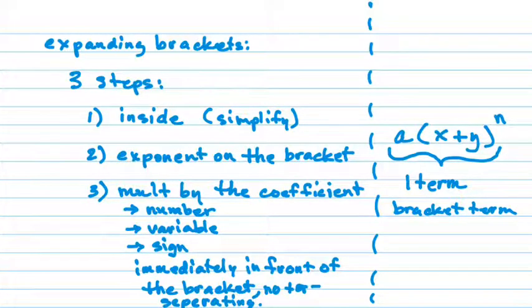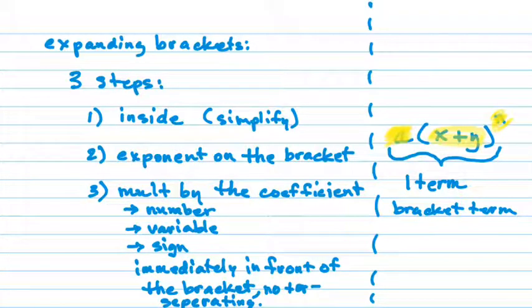If I say inside the bracket, what I mean is these pieces here, the x plus the y, because literally they're inside the bracket. If I say the exponent, what am I talking about here? The n. And finally, if I'm talking about the coefficient, what am I talking about? The a.